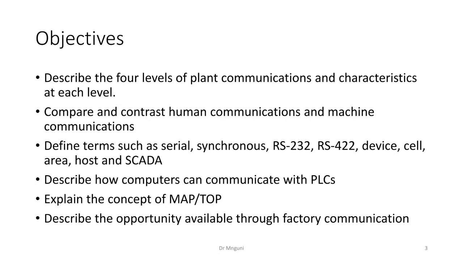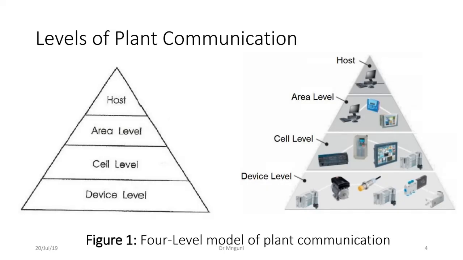And then we'll describe the opportunity available through factory communication. Once we have covered all these objectives, we will understand fully how plant flow communication part 1 operates. Now, let's first look at our levels.